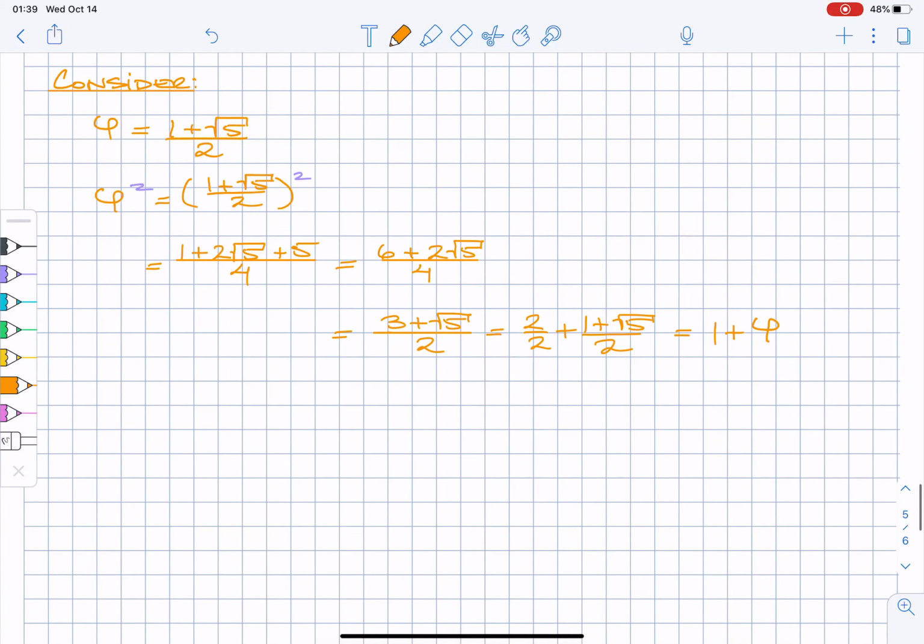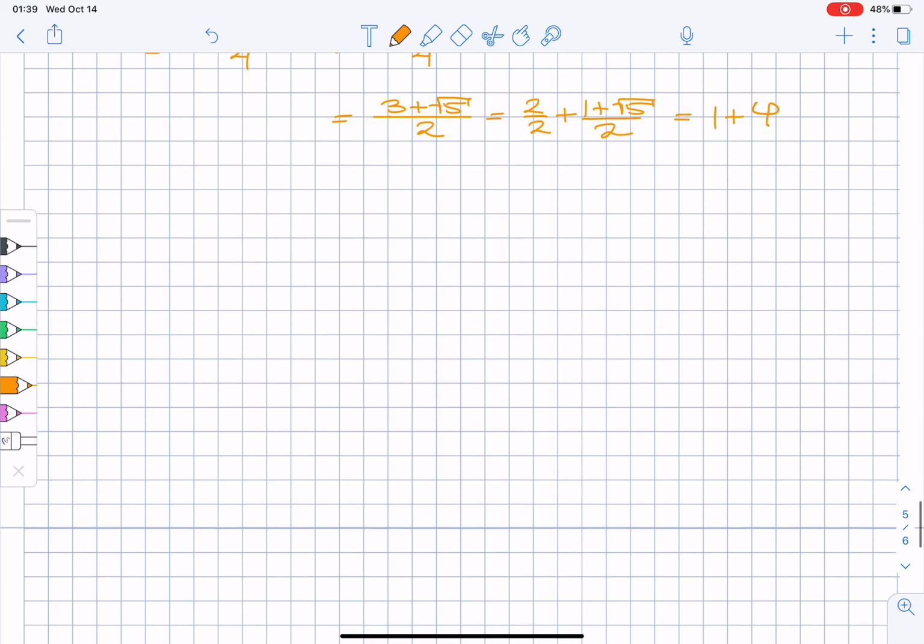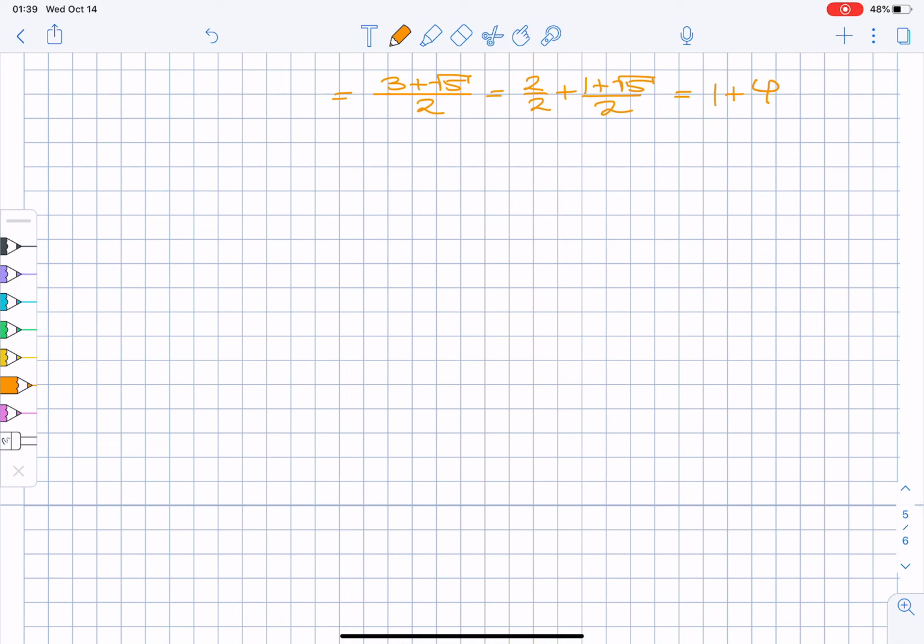So now the hard part's over. You're saying, how is that possible? Well, let's say phi cubed, I claim, can now be written as phi times phi squared. So that's just going to be phi times 1 plus phi. So now my life is easy. Distributing, that's phi plus phi squared, and I know that phi squared is 1 plus phi. So this is going to be 1 plus 2 phi.